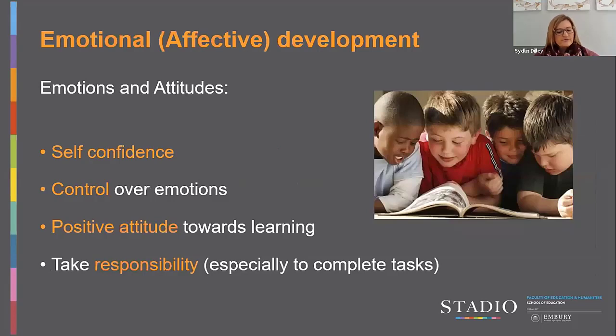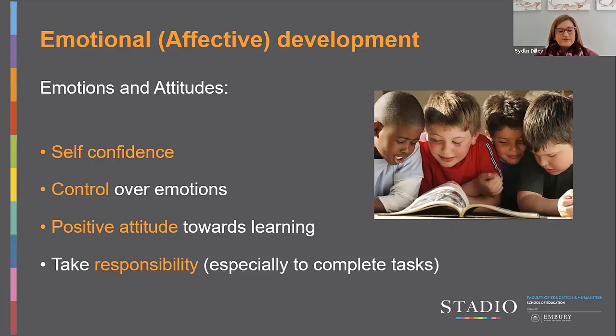Then emotional development. So this is our 4th area of development. And it occurs when a child develops knowledge, understanding, and a positive acceptance of self. This is very important, and teachers can play a large role in this by recognizing children's successes and encouraging them.